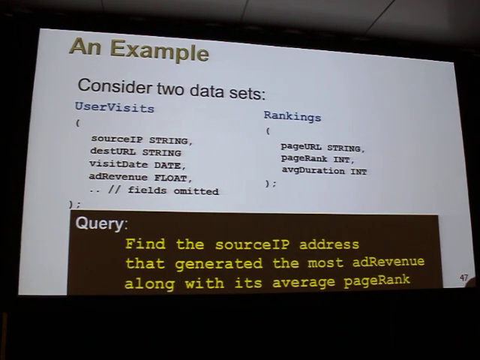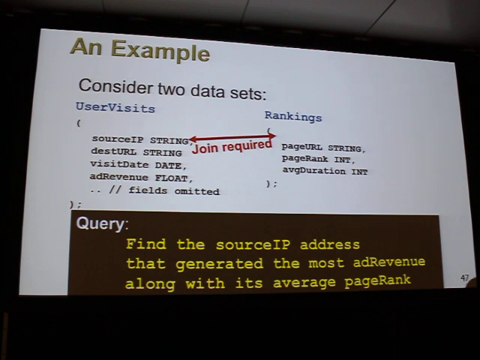So the query we need is: what is the source IP, so we can associate ad revenue to a source IP? That requires us to join information between two disjoint data sets. In a relational query, this would be easy: select star from A and B, join on the page URL, and you're done.